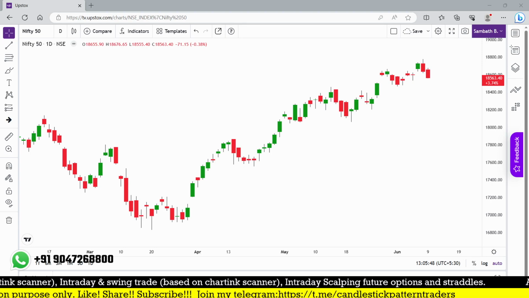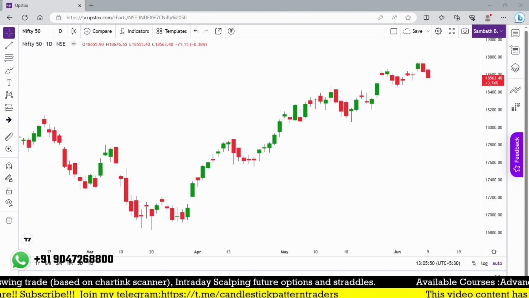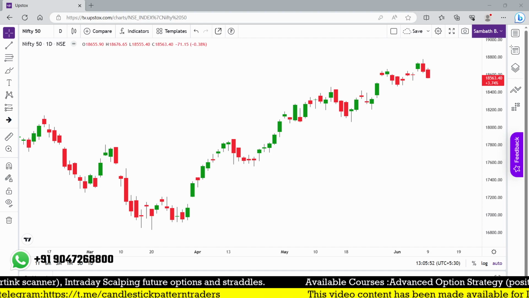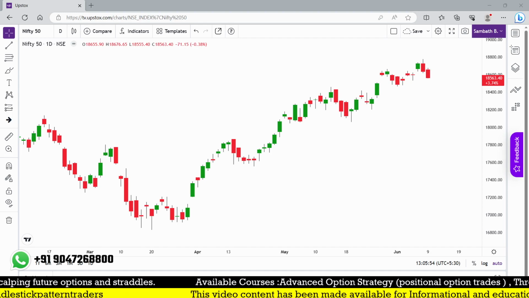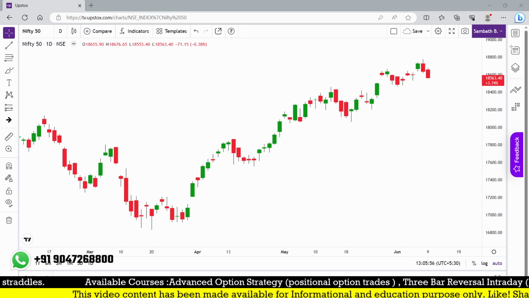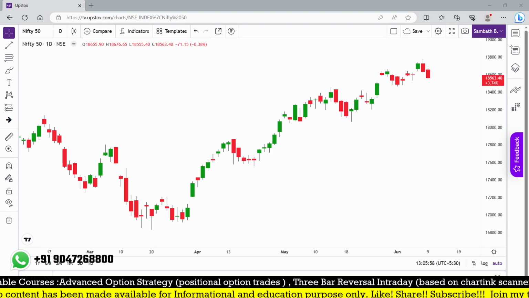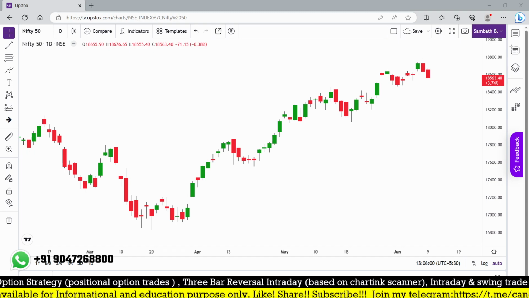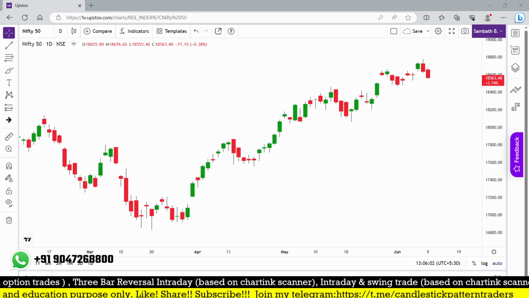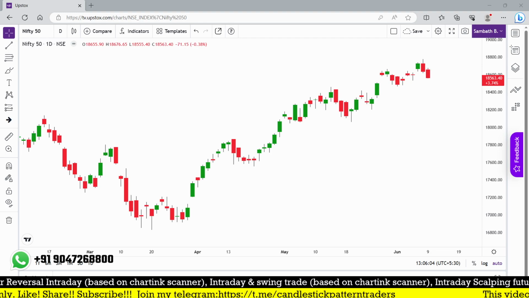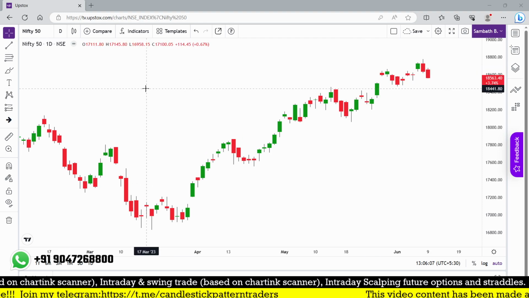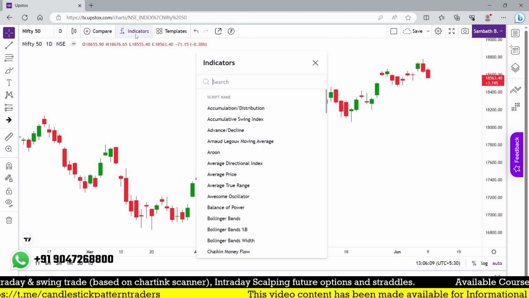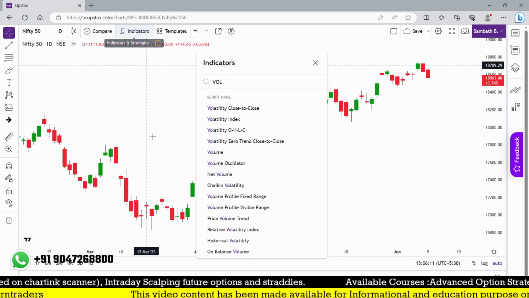So let me start to create the scanner. The scanner supports taking a breakout trade opportunity on a daily basis, with a huge volume on a stock compared to the previous number of days, however many days you want to use for that volume breakout. Let me add the volume indicator here on the chart.